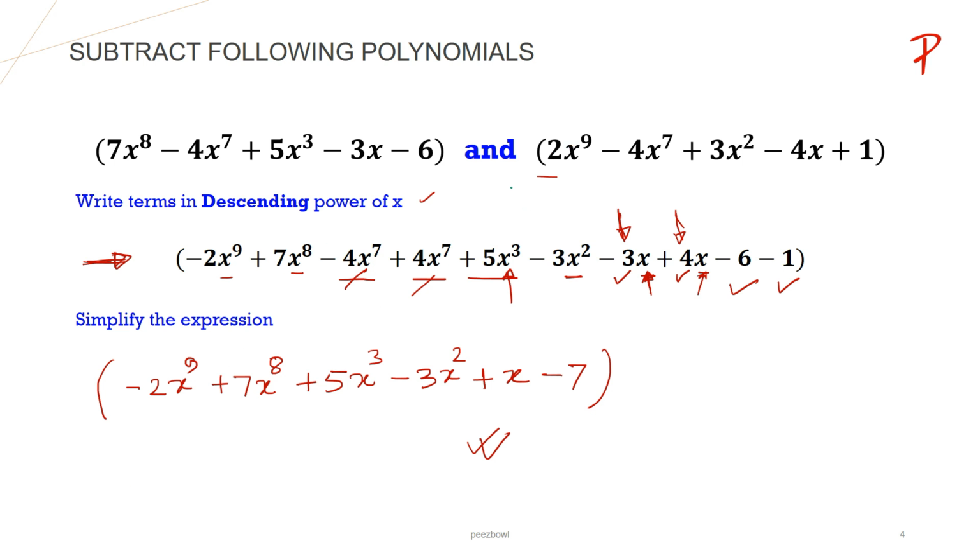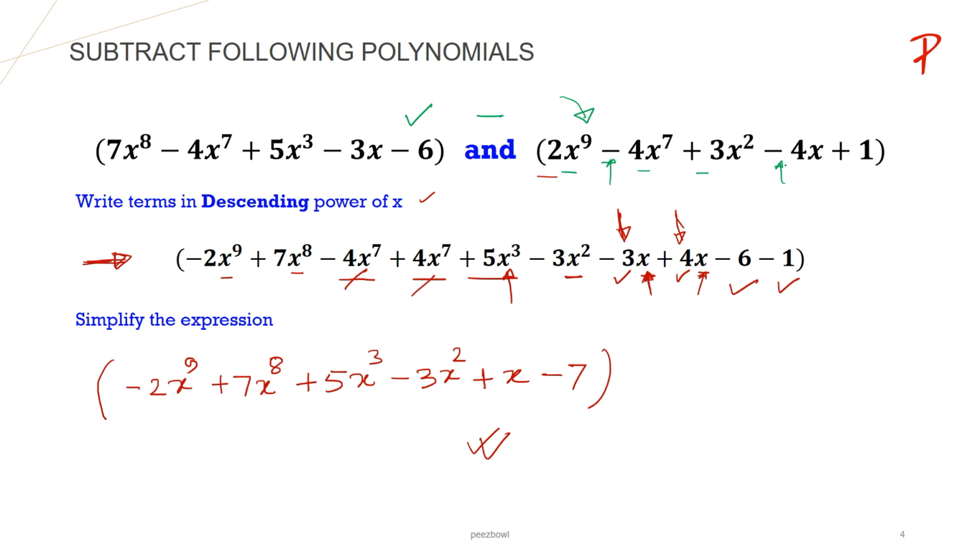Okay, let us see what we did. First, we simplified the expression. That means we had written first polynomial, after that a minus sign, and after that the second polynomial, right? So first polynomial minus second polynomial, this is what we had written. And after that we had distributed the negative sign. In that case, all the terms having positive sign became negative, and all the terms having negative sign became positive.